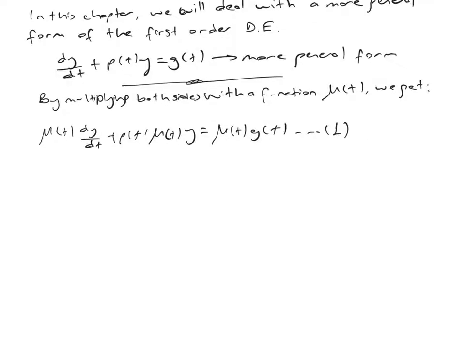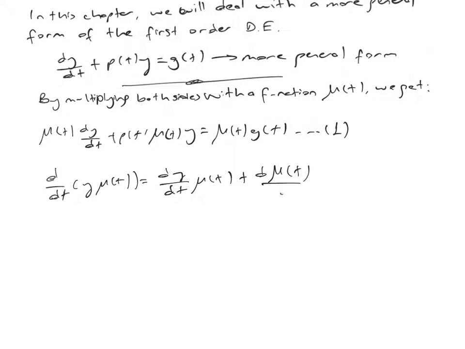And at this point, let's remember the product rule for derivatives. Let y of t and mu of t be our two functions for this operation. The derivative of the first function y of t times mu of t plus the derivative of the second function times the first function.